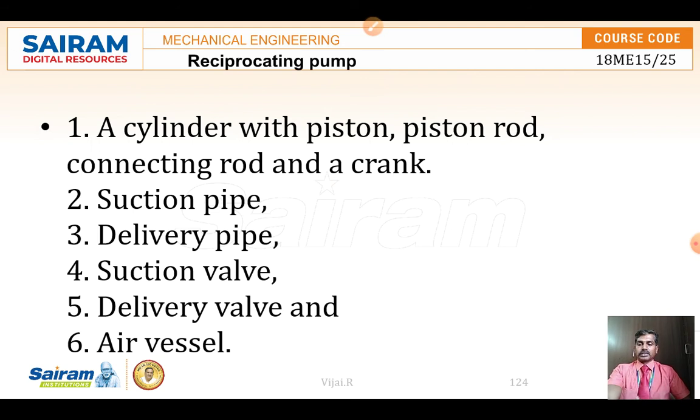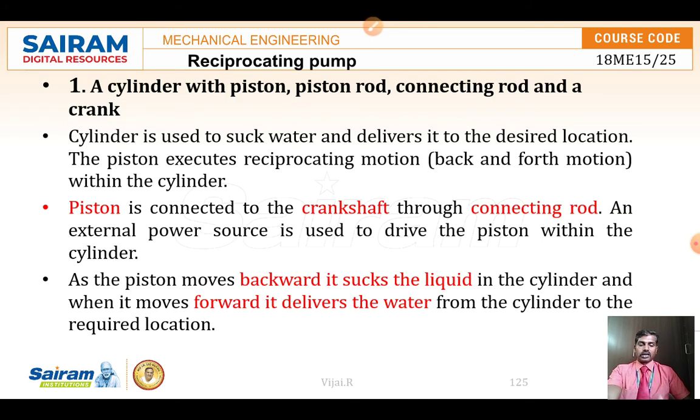Let me see one by one what will happen when the piston moves towards and away from this. Here we have a cylinder with a piston, and the piston rod is connected with the connecting rod and the crank. When the crankshaft is rotated, it pulls the piston backwards.